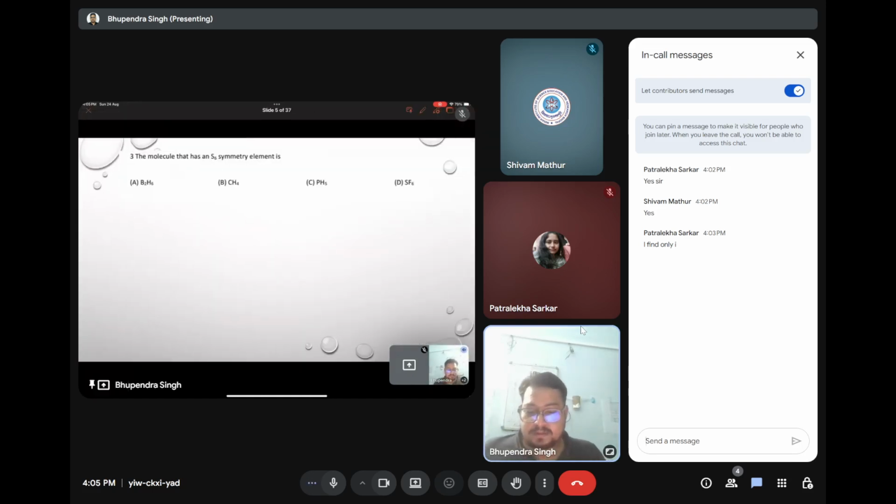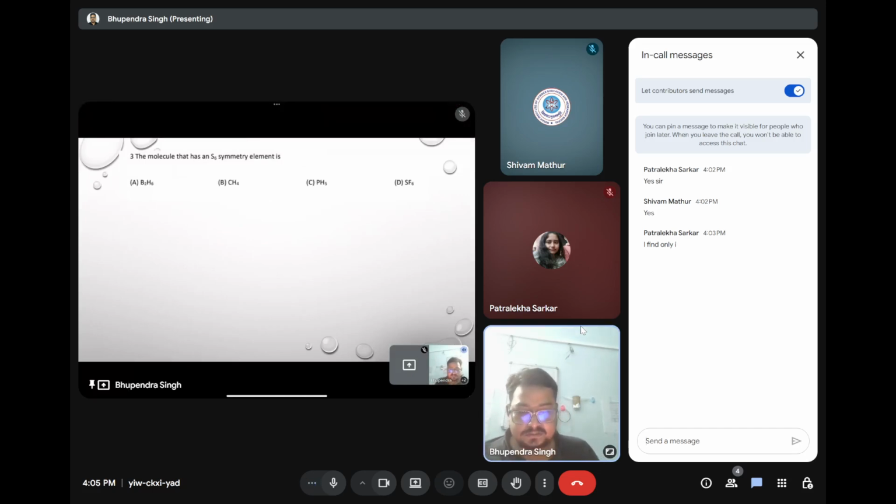Okay, now the molecule that has an S6 symmetry element. So B2H6.